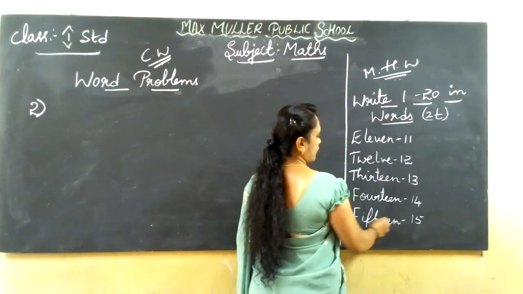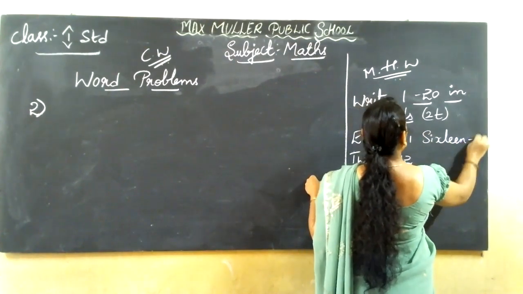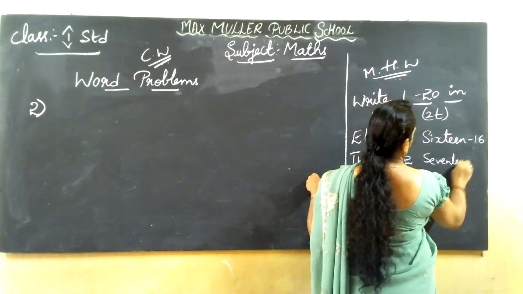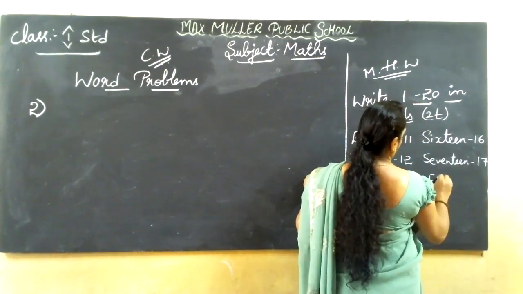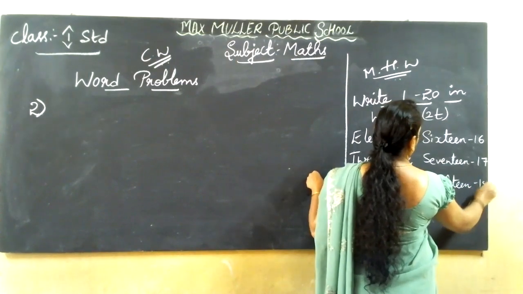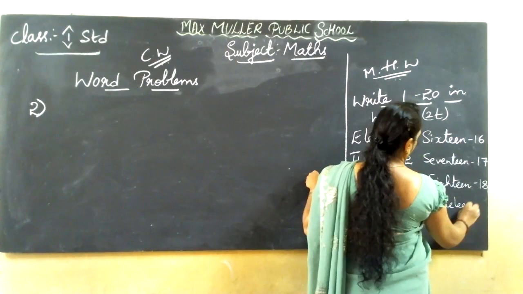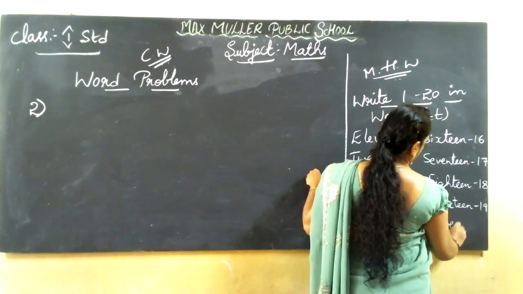You should write FIFTEEN 15, SIXTEEN 16, SEVENTEEN 17, EIGHTEEN 18, NINETEEN 19, TWENTY 20.